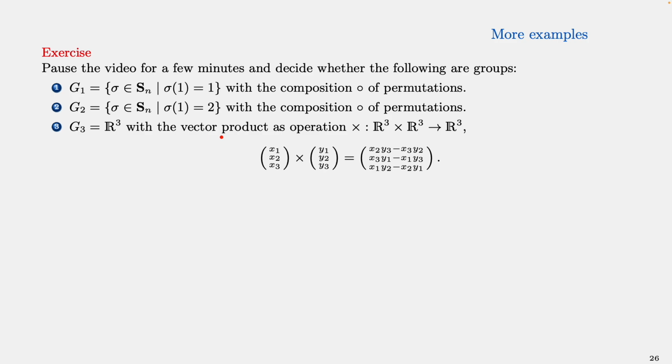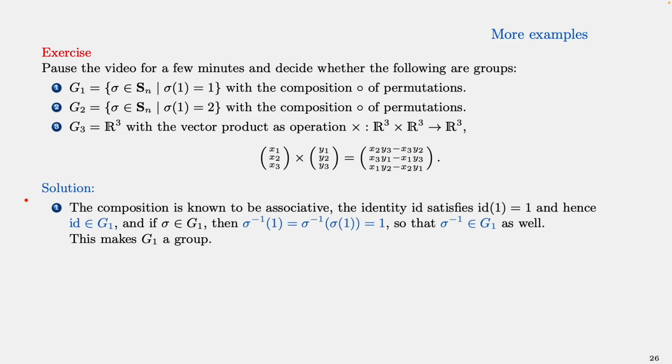You may or may not be familiar with that, which is multiplication of 2 vectors in 3 space, giving another vector in 3 space, and it's defined by this formula. So if you're not familiar with the cross product, the vector cross product, just take this formula here as its definition, and please check if these 3 are groups, or if they're not groups, or which ones are groups and which ones aren't.